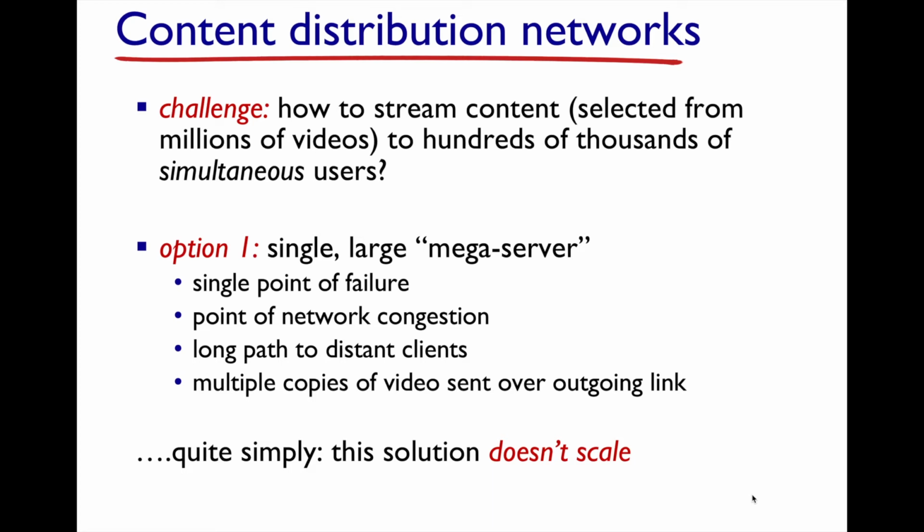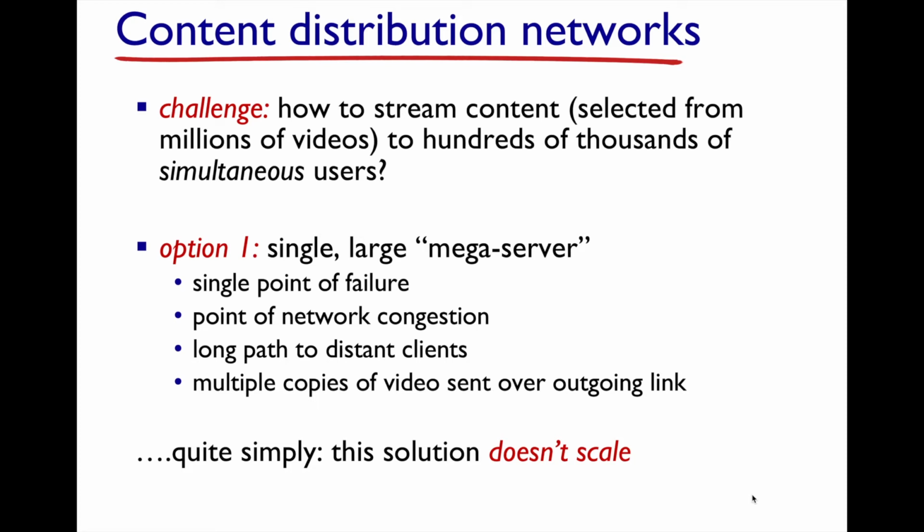And so certainly if you have a single server on which you put all your movie content, it's going to be a single point of failure. Also, it's going to introduce a lot of network congestion because you're not just sending individual bursts of data, you're sending data continuously at a relatively high rate. And so you also have this other issue about these long paths.